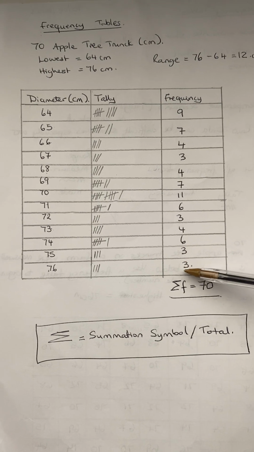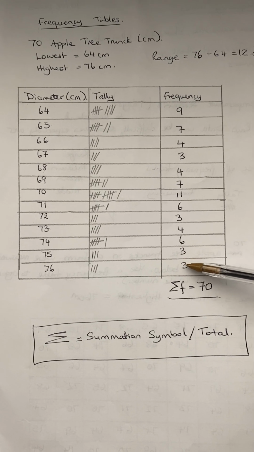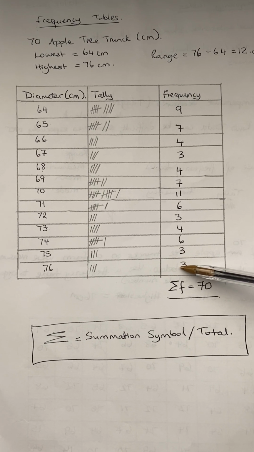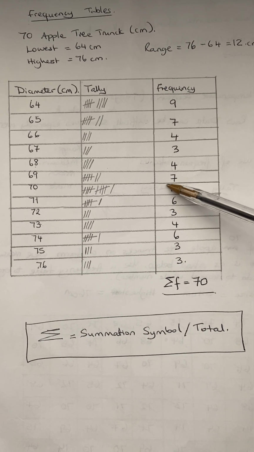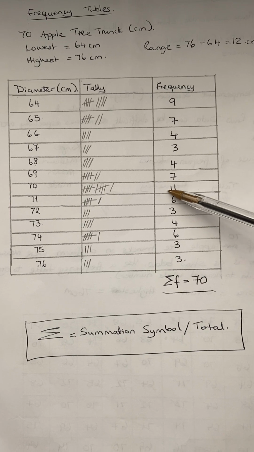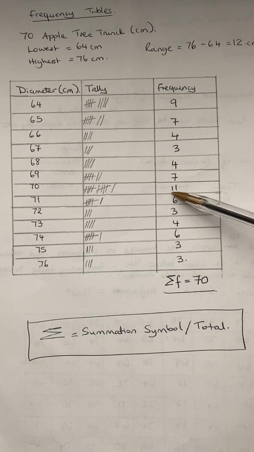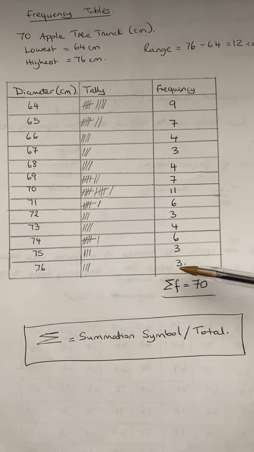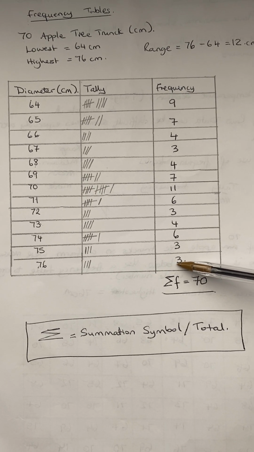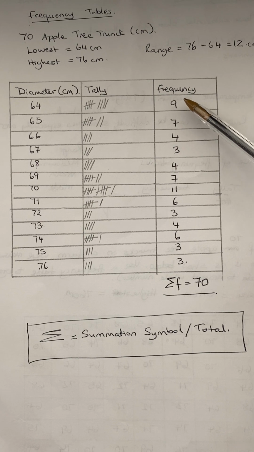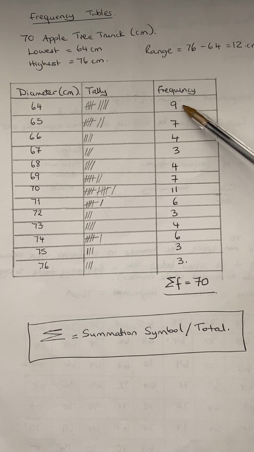So straight away, out of the 70 tree trunks, you can realize that there are a lot more 70 centimeter tree trunks. The highest is 76, and the lowest is 64.